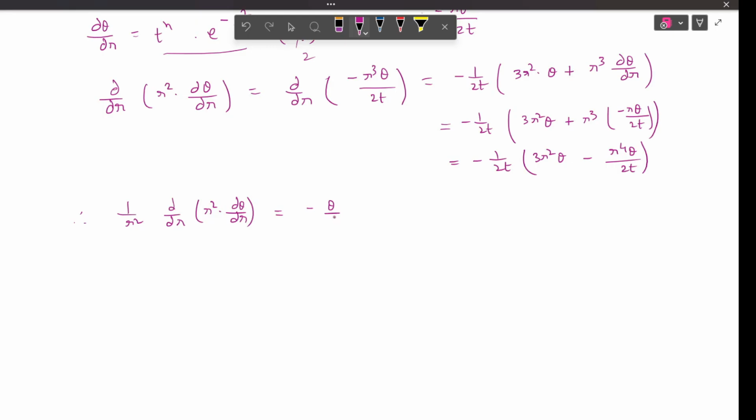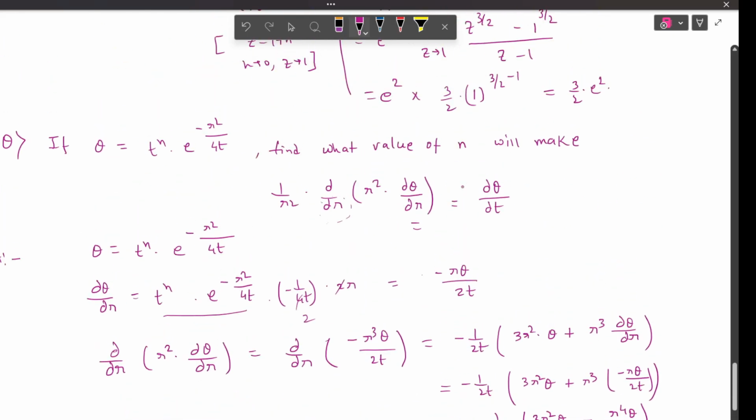So minus theta upon t, this is 3 by 2 minus r square by 4t. We multiply by 2, these two, it will be 3 by 2. We have taken theta outside, so it will be minus theta upon t into 3 by 2 minus r square by 4t.